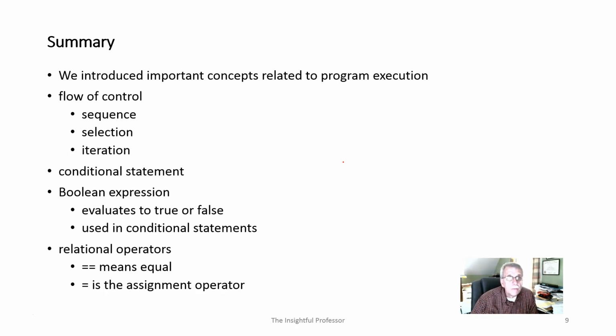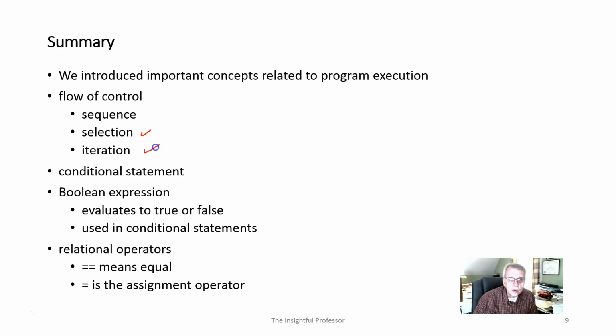Now, in this video, we did a very quick overview of conditional logic, specifically Boolean expressions. We introduced some important concepts that are going to relate to the execution of the instructions within a program. We talked about flow of control structures. We reviewed the concept of a simple sequence, and we discussed where the selection will come into play, but in order to do that, we need to understand a conditional expression.